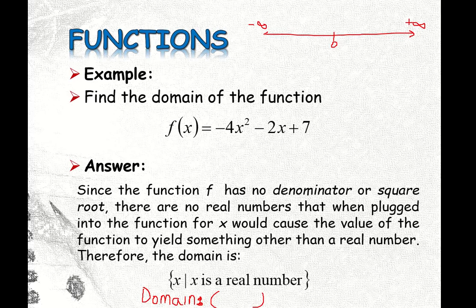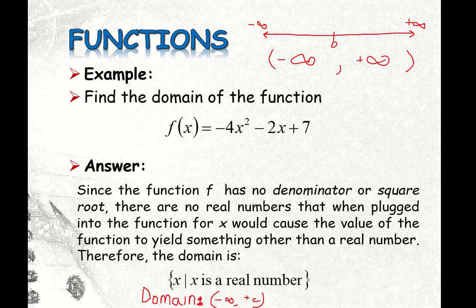So it says that there's no real number that when you plug into the function would yield something other than a real number. So therefore, we have to consider all the numbers within this interval. So the domain therefore is from negative infinity to positive infinity.